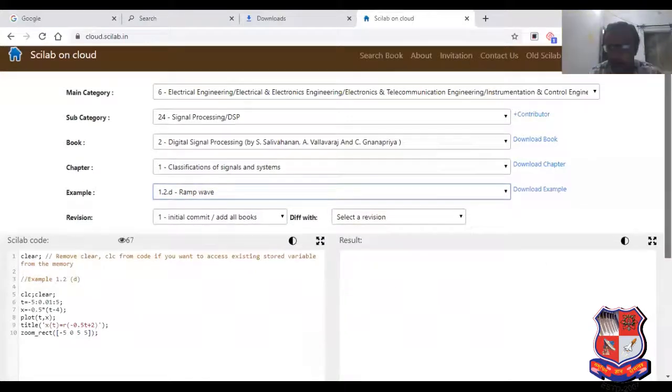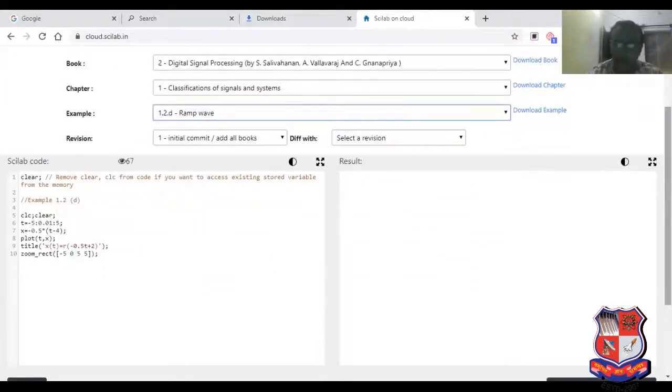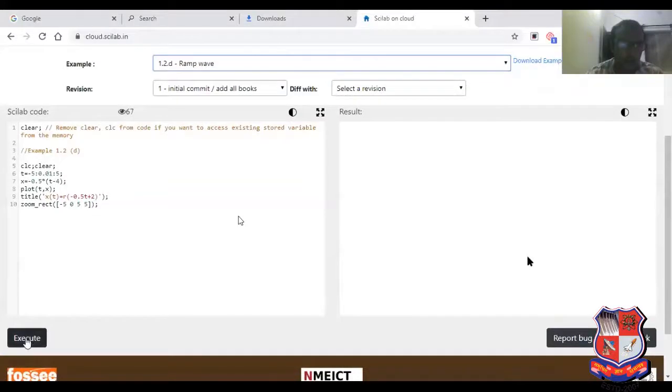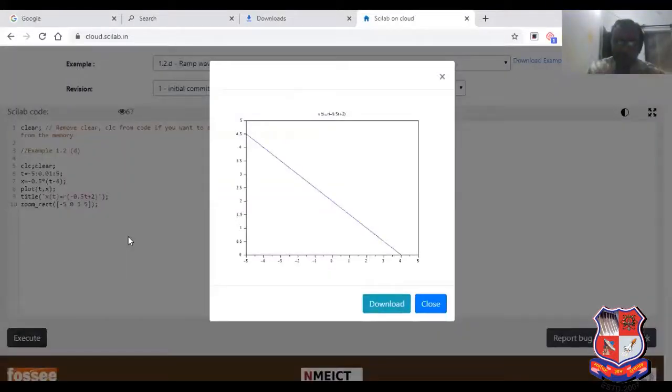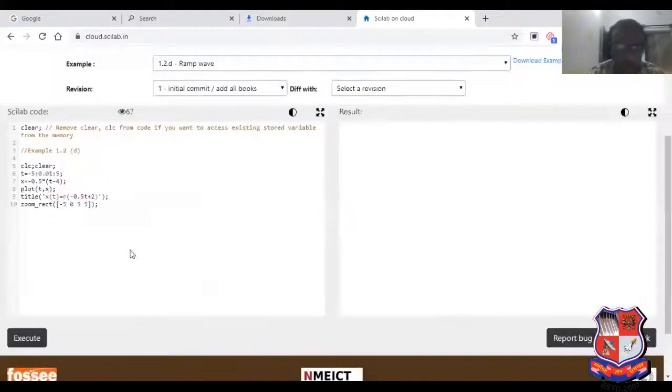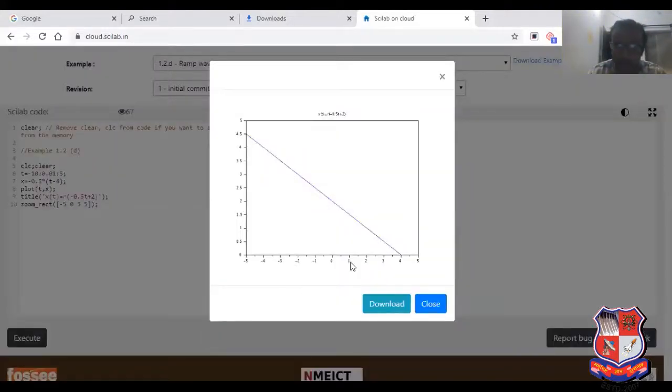Coding can be developed and discussed here, and this is the execution. See, this is the ramp signal that can be generated. Now, if you change the data here, then the execution of the program changes. See this, at value 4, the ramp signal is closed. So here it is the coding.